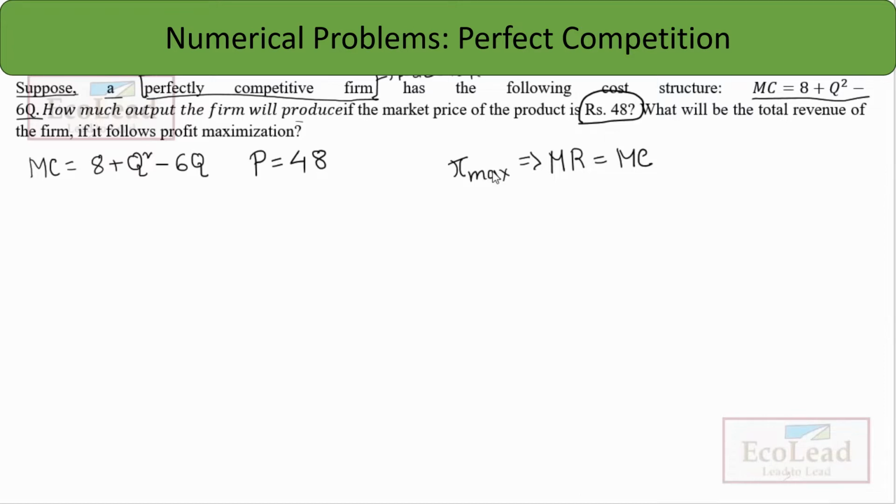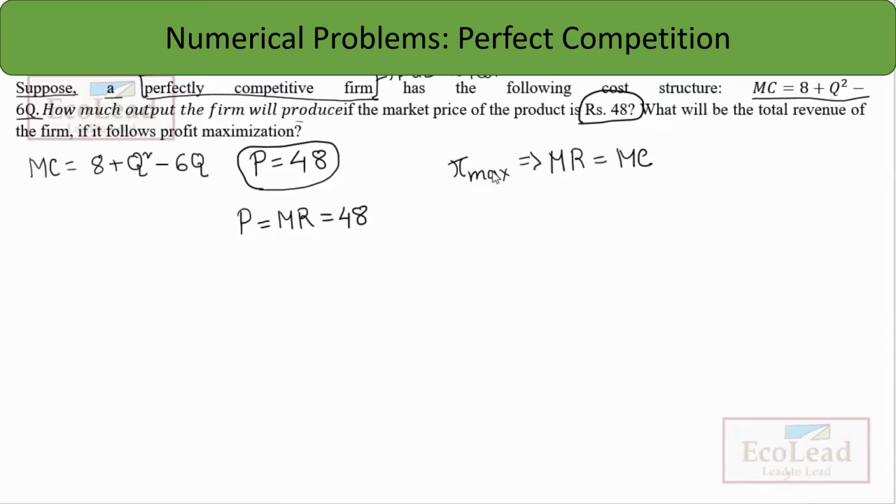Price taker means the firm has to sell at the market price only. So the peculiar condition for a perfectly competitive firm is that AR equals MR. The price of the market is nothing but the marginal revenue for the perfectly competitive firm, and here the value is 48.